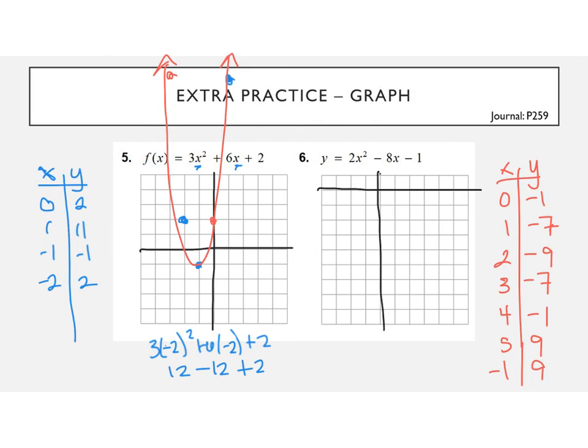Okay. If I start plotting points, I have (0, -1), (1, -7), should be there, (2, -9), (3, -7), (4, -1). And do you see how we have enough points in there that we can see where that's headed?